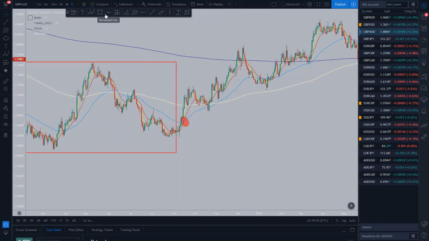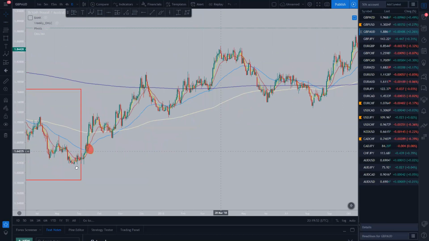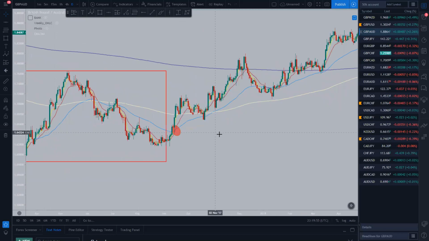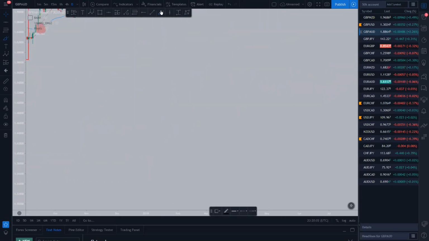So what I'm going to do is draw a box from the highest point. I'm going to show you something. The 13 EMA is going to be your best friend when it comes to identifying the levels. By the way, this is a rule of thumb, but not a script you should always be following.